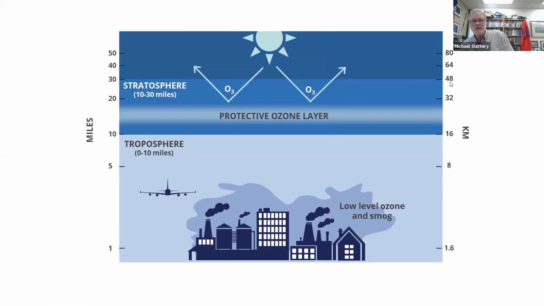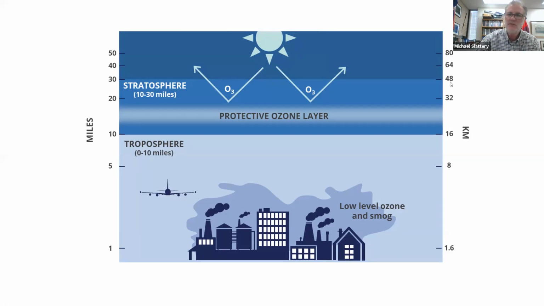So let's keep going. So ozone. This is a very important diagram, everybody, because it makes this critical distinction that there are 2 different types of ozone. There's ozone in the troposphere, the lowest levels of the atmosphere, and there's ozone in the stratosphere. Chemically, they're identical.